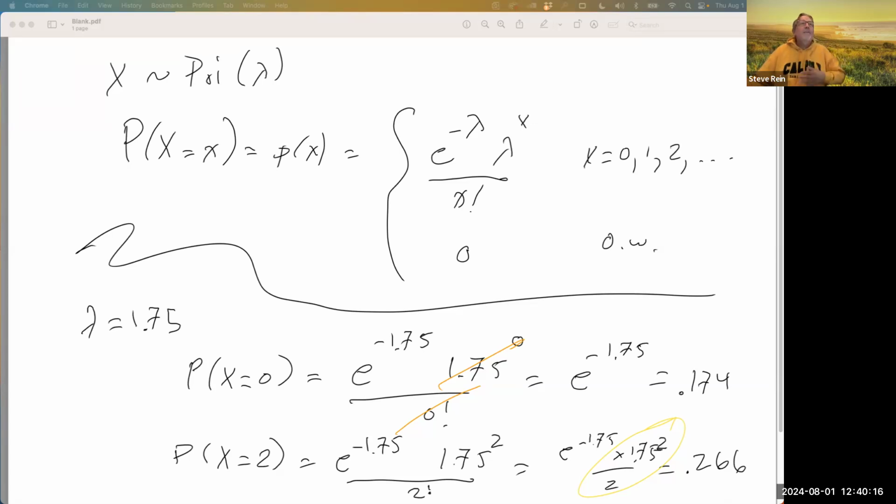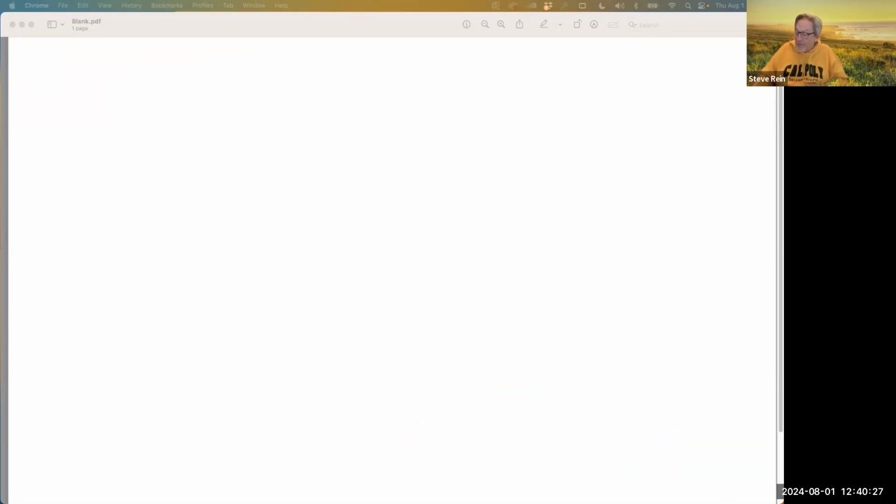Let's try a different question, with the same setup, lambda is 1.75.